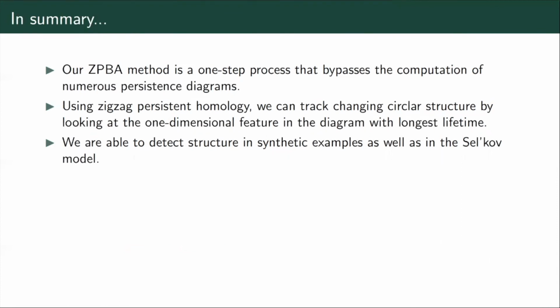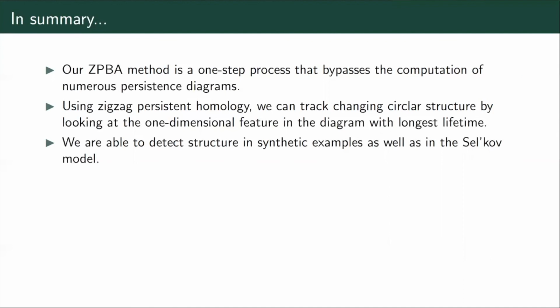So ideally, this would improve computation time because you avoid computation of numerous persistence diagrams, and you avoid the issue of having to analyze those collections of persistence diagrams after the fact. So using zigzag persistence here, we're able to track changing circular structures by looking at the one-dimensional feature in the diagram with the longest lifetime. So we showed 3 examples in this talk where that works.